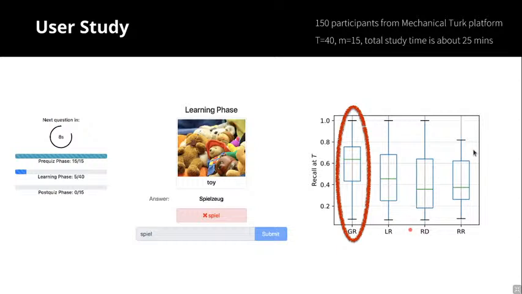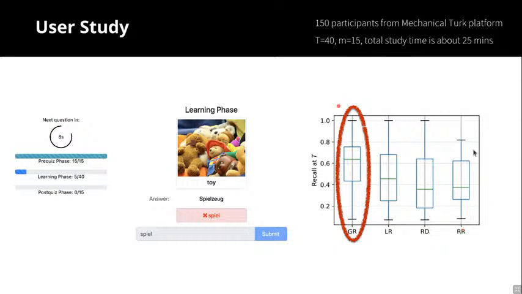So we compared the performances of different baseline algorithms, which we refer to as the lowest recall. This is a generalization of the Pimsleur and Leitner systems. Random does not take adaptivity into account, and round robin, which is a fixed order, also doesn't take the learner's feedback into account.